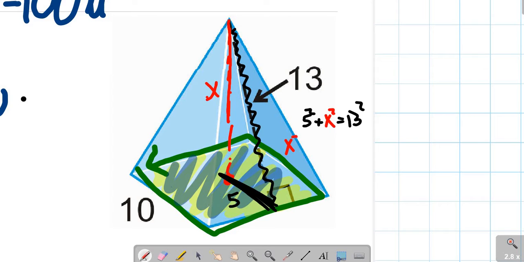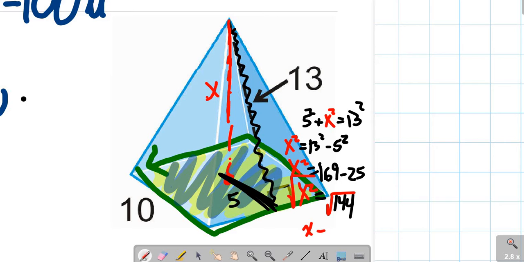Here's a shortcut. Our unknown squared is going to equal 13 squared minus 5 squared. Unknown squared equals 169 minus 25. Our unknown squared equals 144. Square root, our unknown, which is our true height, is 12.